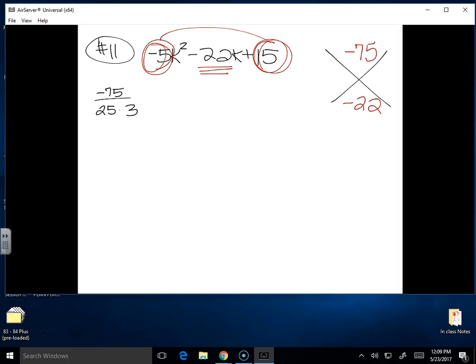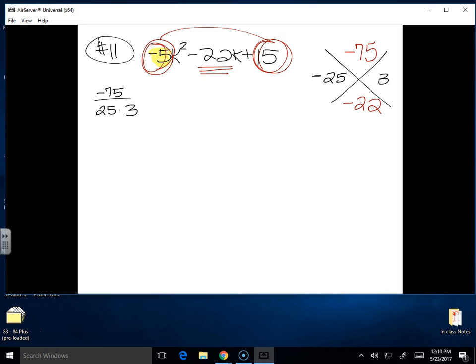But wait, that's positive 22. How do I make it a negative 22? If the 25 is a negative and the 3 is a positive, hold on. What's a negative times a positive? Negative. And what's negative 25 plus 3? Negative 22. Yeah, those are our numbers. Now, here's the crazy part. Does this trinomial start with a 1?